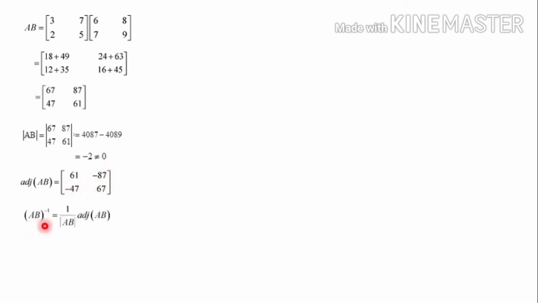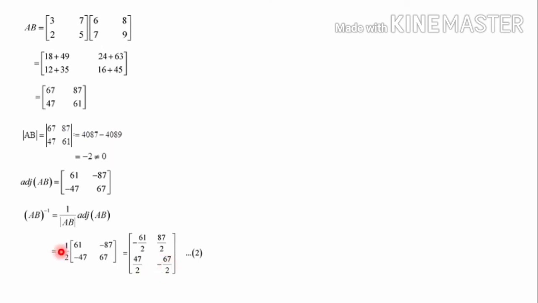Next is AB the whole inverse is equal to 1 by determinant AB into adj AB. That is equal to 1 divided by determinant AB, which we have calculated as -2, into adj AB, which we have calculated here, that is 61, -87, -47, 67. Then when you multiply inside, it becomes -61 by 2, 87 by 2, then 47 by 2 and -67 by 2.